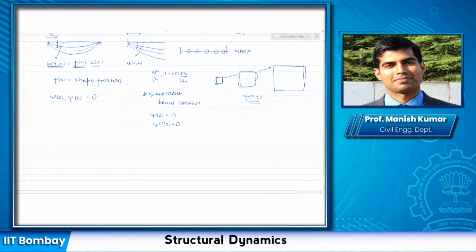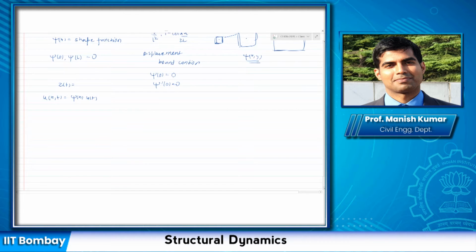Now, if you are also able to find out what is z(t), which represents the time variation of the deflection, how it is changing with time, then you can find, at every location and at any time, the total deformation by multiplying phi(x) with z(t).